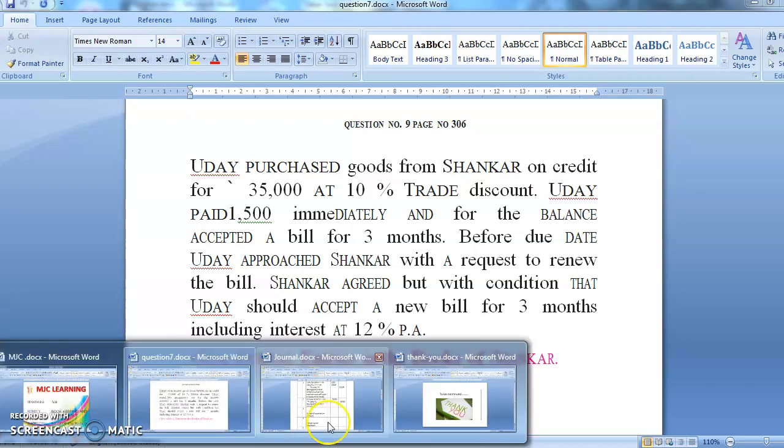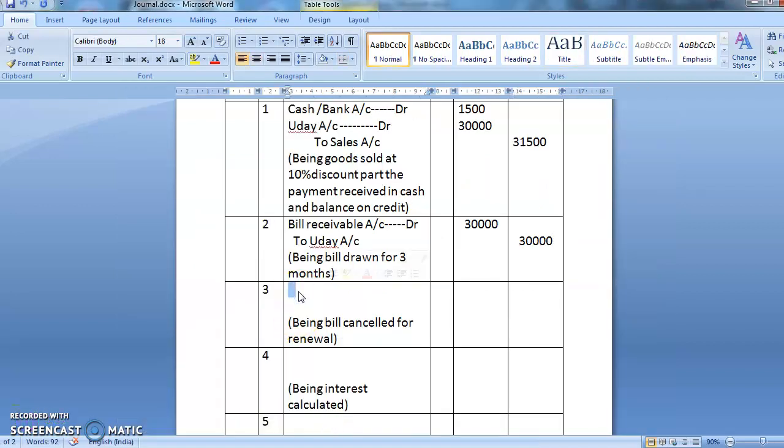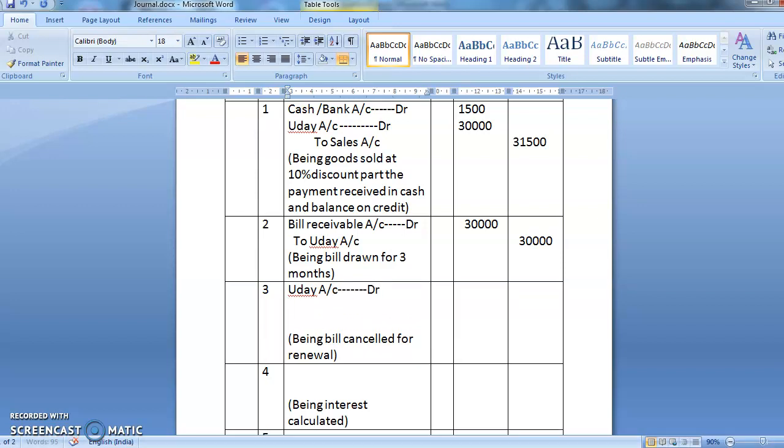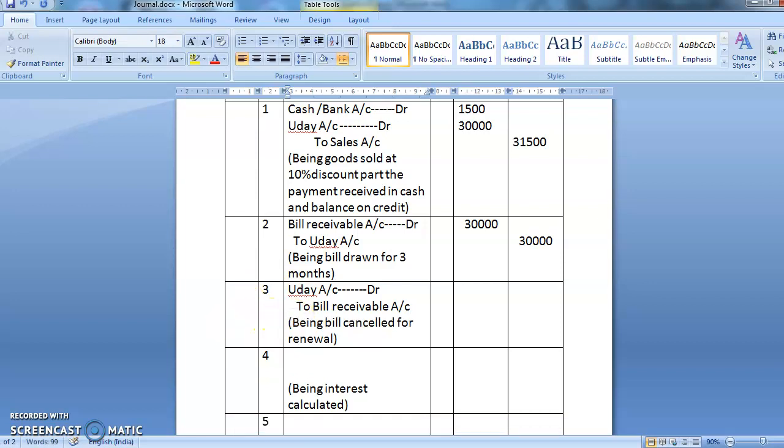You have not done anything with the bill, so you will have Uday account debit to bill receivable account. Yes, Uday account debit to bill receivable account.